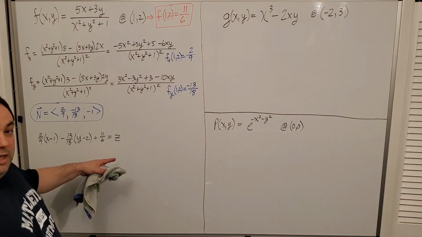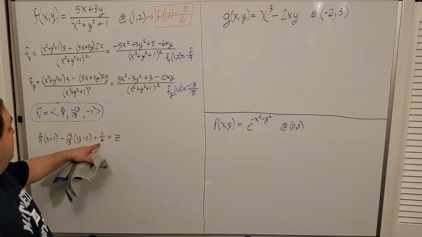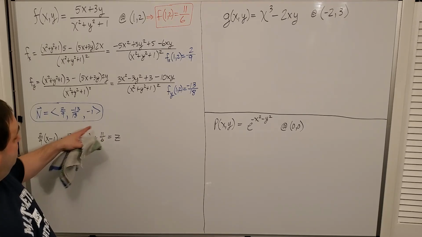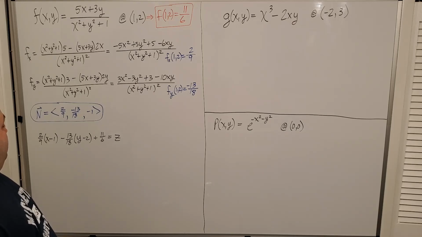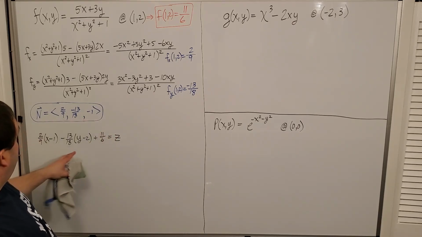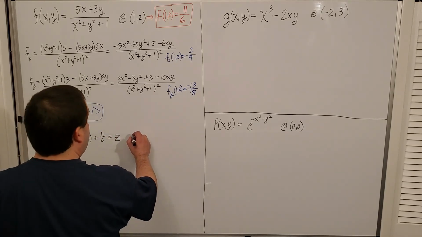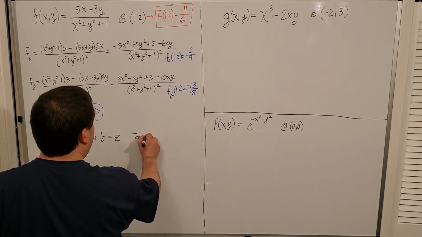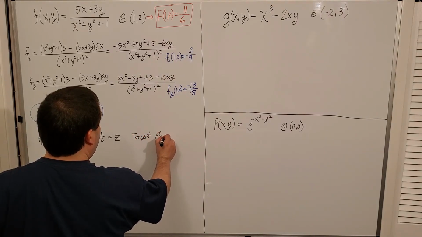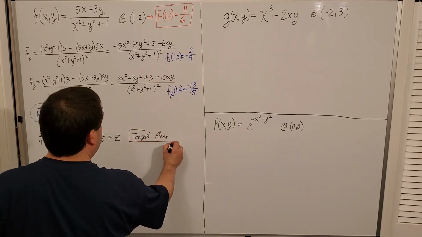Because I would distribute the negative, and the minus 11/6 would become plus, the z would be negative, and then I'd add it to both sides. So it's just as easy to have the tangent plane like this.